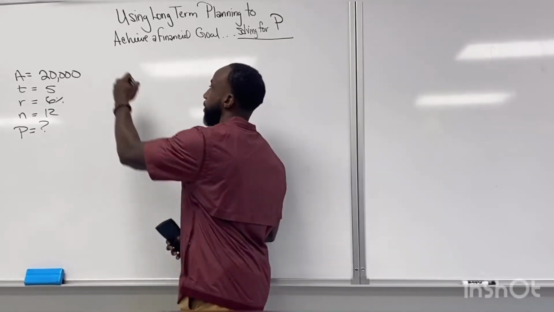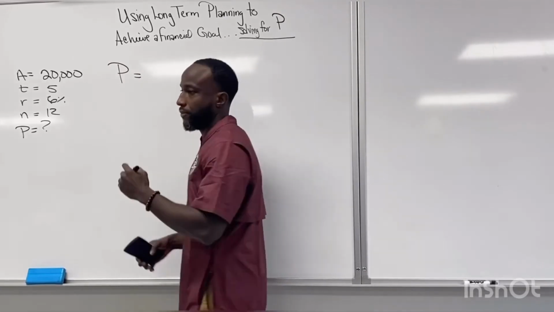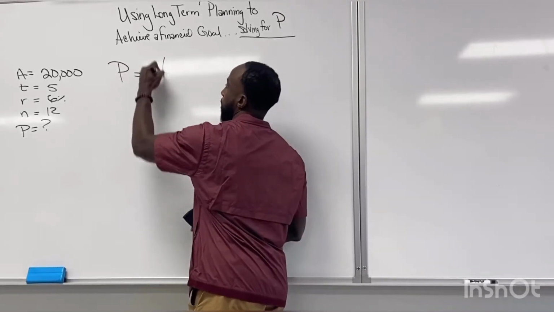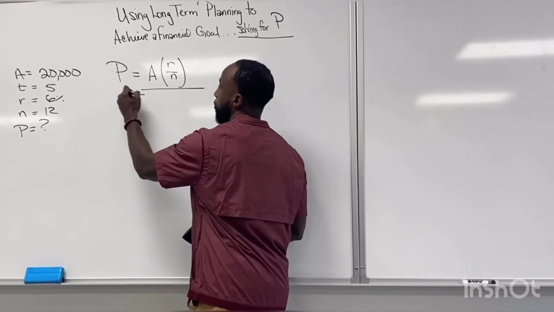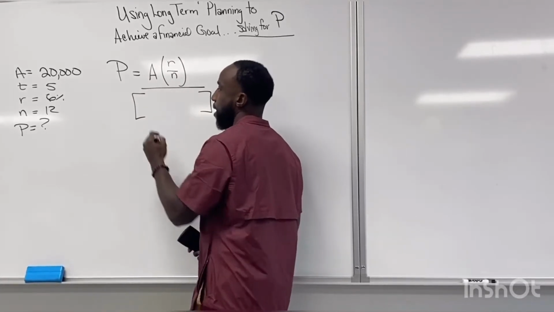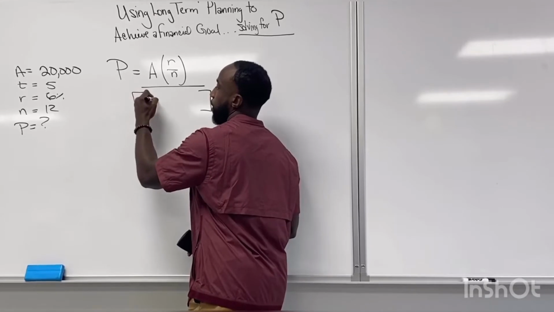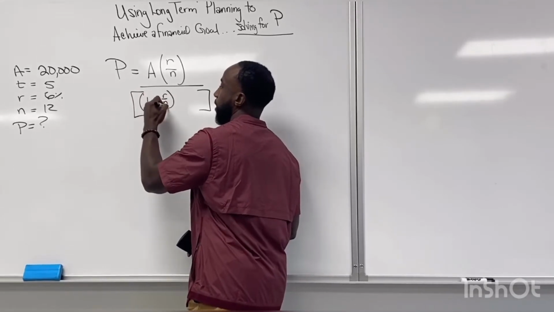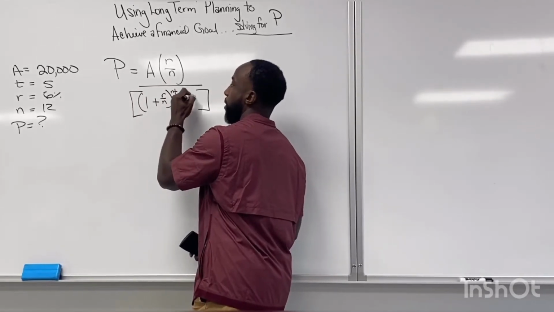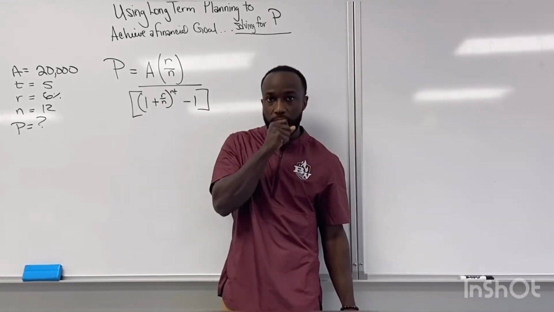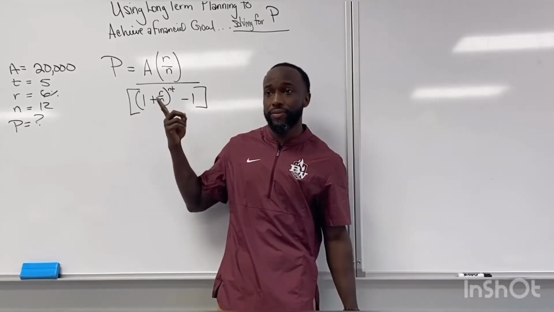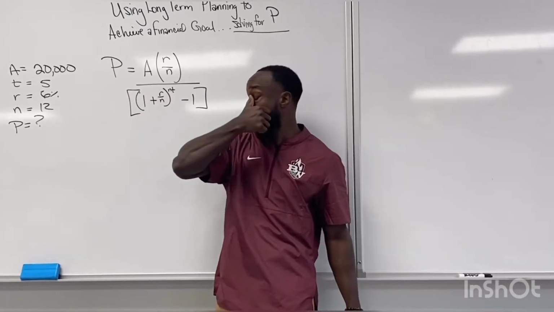That formula is P equals A times the rate over N, all over 1 plus R over N to the NT power minus 1. That looks a lot like our last formula, except P is in its place.